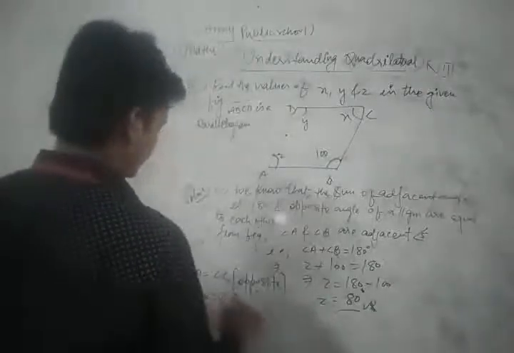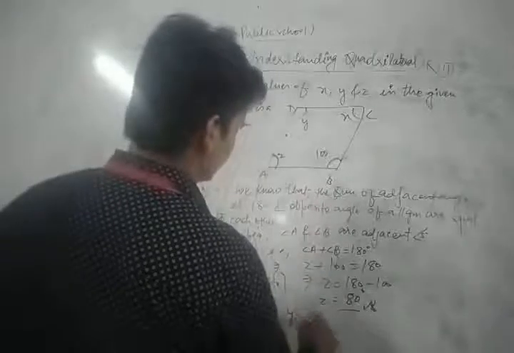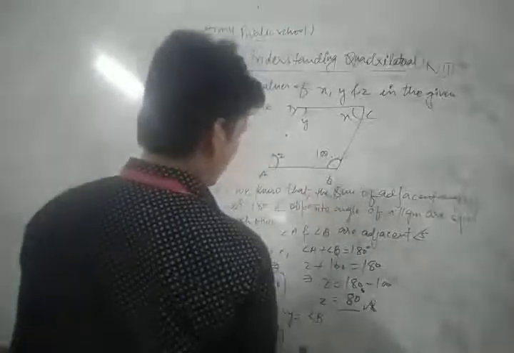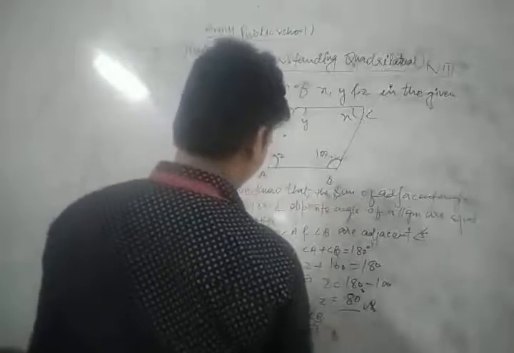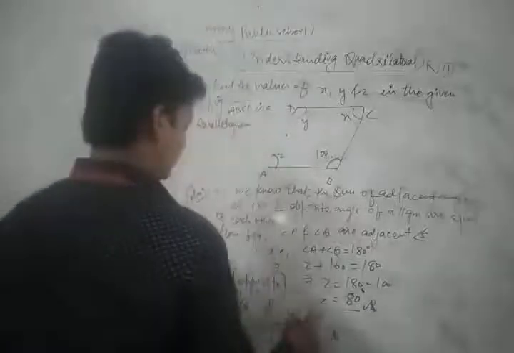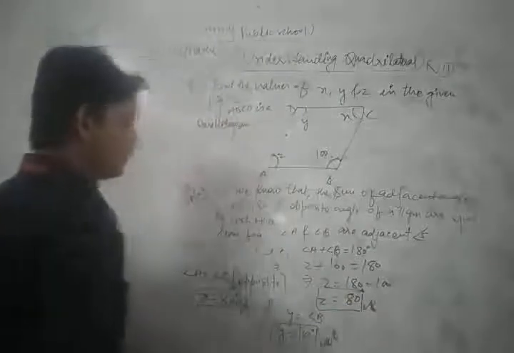So angle X is 80 degrees, as well as Y is equal to angle B. This is also opposite angles. So Y is equal to B, which is 100. So in this way we find the value of X as 80, Y as 100 and Z as 80 degrees. So this is the required solution of the given question.